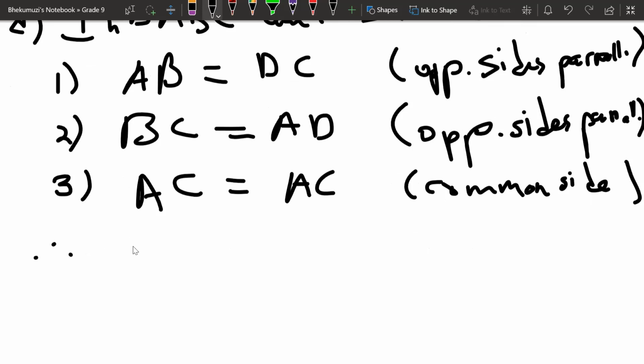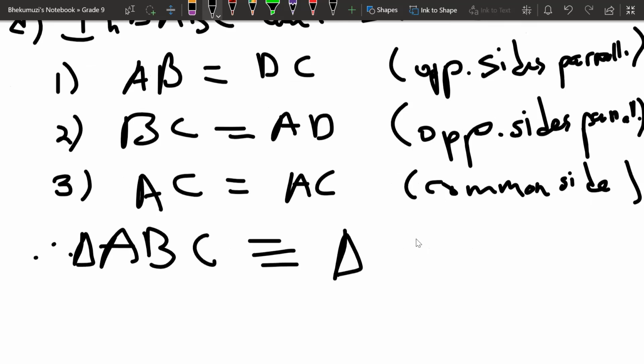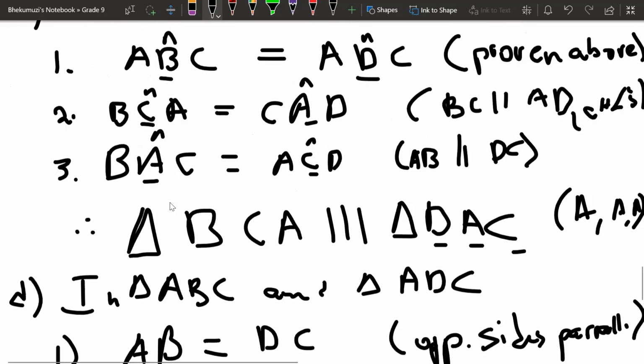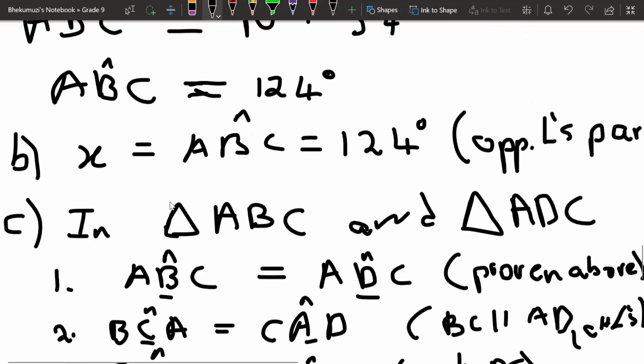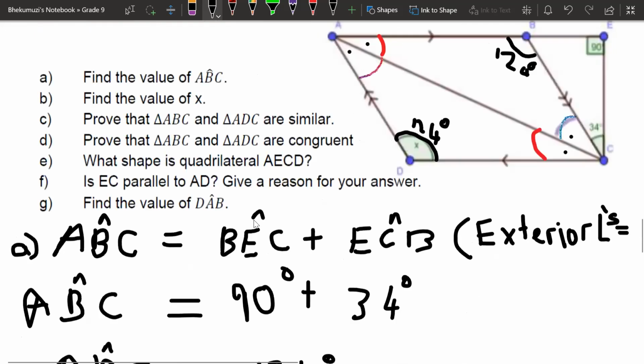Therefore, we can see that in actual fact we have triangle ABC being congruent to the triangle DAC, and that reason is side, side, side. Okay, so we were able to prove the congruency and the similarity of these triangles.